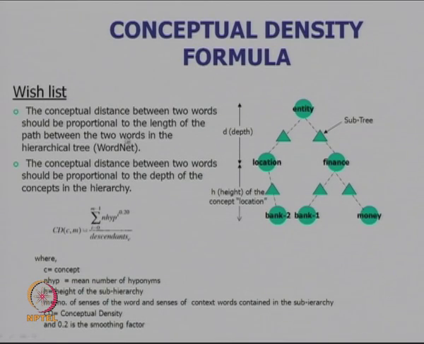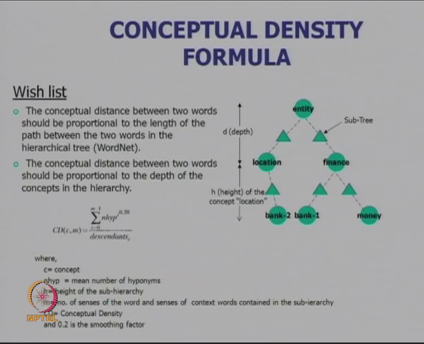Okay. And what are the two words? The two words are the word which needs disambiguation and the clue word from the context. The conceptual distance between two words should be proportional to the depth of the concepts in the hierarchy. Now, this is very well illustrated by the following example, which I will write.